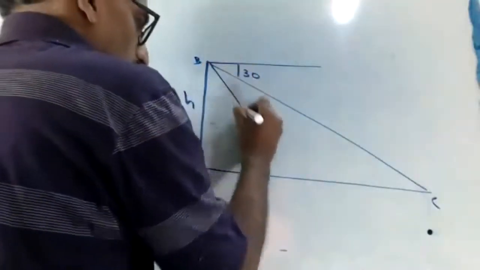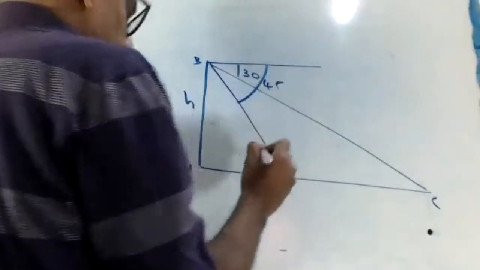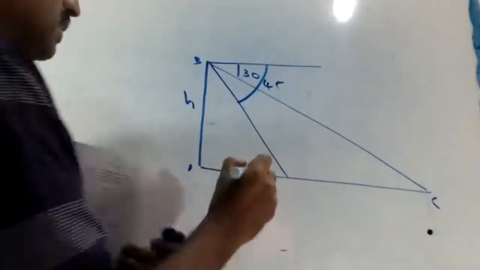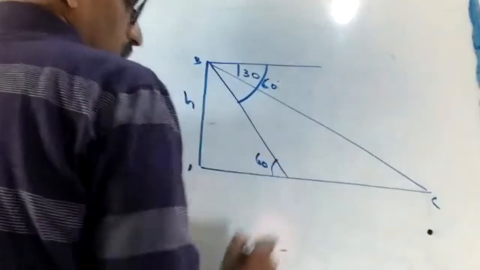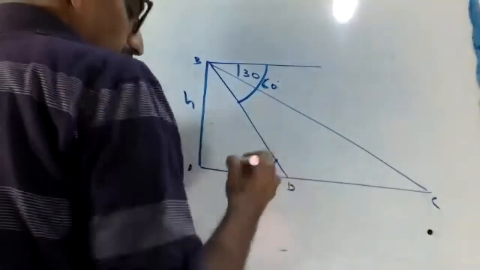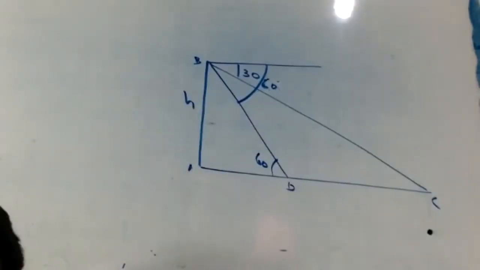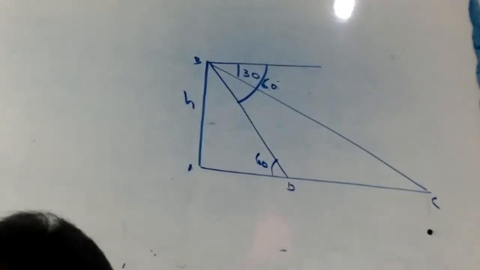Then after 6 minutes, the same car at an angle of depression is 60 degrees. A, B, C, D here. Now the question is, when this car reaches from D to A, not from C to A. Okay, this is the figure.